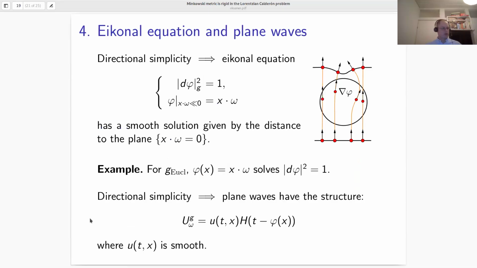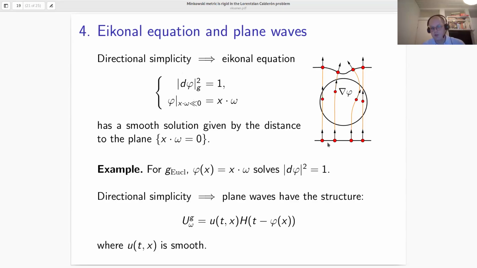So let's now accept that this unknown metric is directionally simple, as the data coincides with the Euclidean case. Then it follows that this eikonal equation, where I look at the functions whose gradient has length 1 everywhere, and below this plane it is just x dot omega, has a smooth solution.